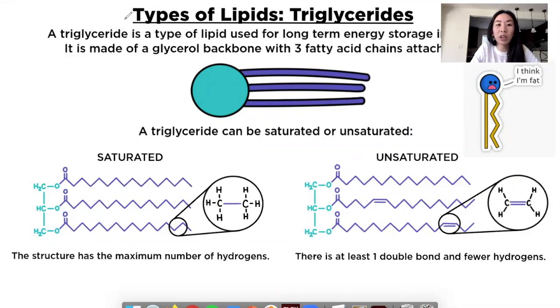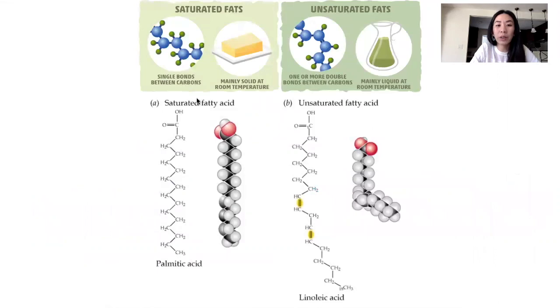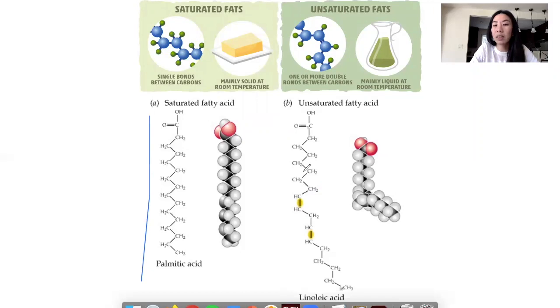Okay, now physiologically, this makes a difference in the foods we eat. So saturated versus unsaturated. Saturated fatty acids are solid at room temperature. We've covered this before. And if you look at the chain, they look straight. Unsaturated fatty acids, because of these double bonds, have a little bend in the fatty acid chain.